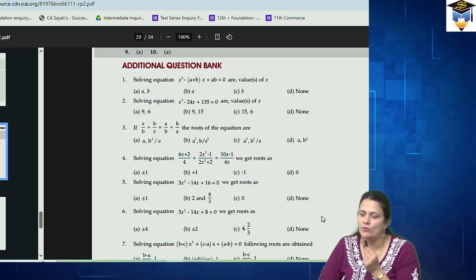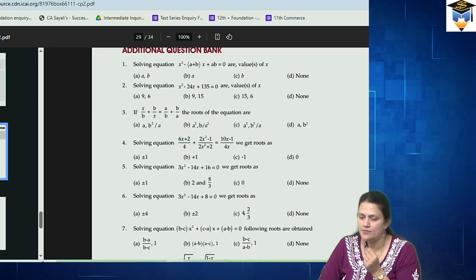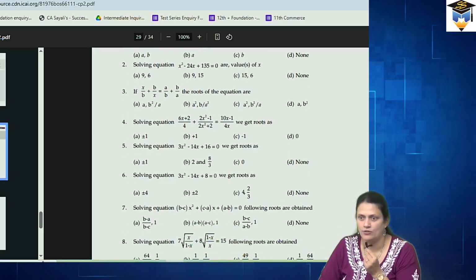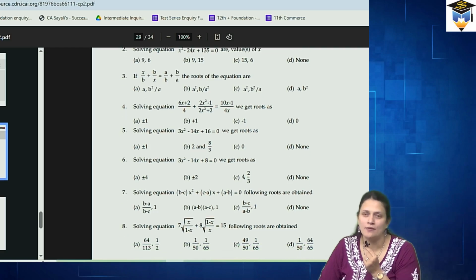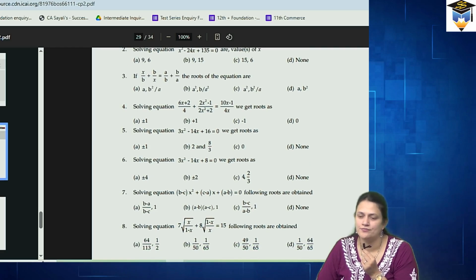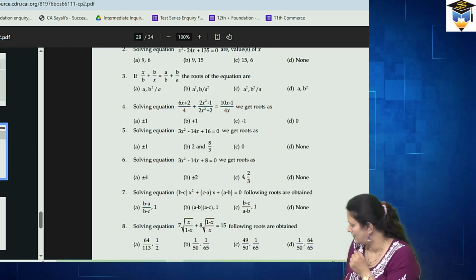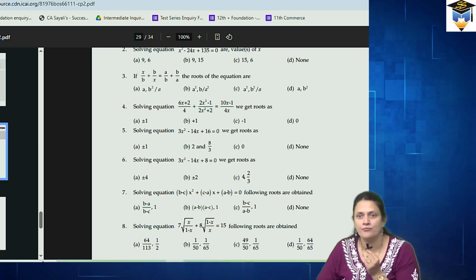If you want, I can provide answers for the first 10 sums or first 20 sums. Answers and methods, how to solve. Correct. By the method of substitution, he tried to solve the additional question bank. You will get all answers correct.